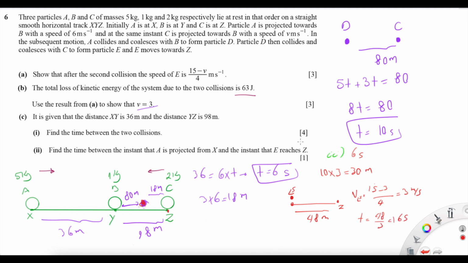Now, we had 6 seconds initially for A and B to collide. Then it took 10 seconds for particles C and D to collide to form particle E, and it took 16 seconds for particle E to reach Z. So the total time will be 6 plus 10 plus 16, which is 32 seconds.